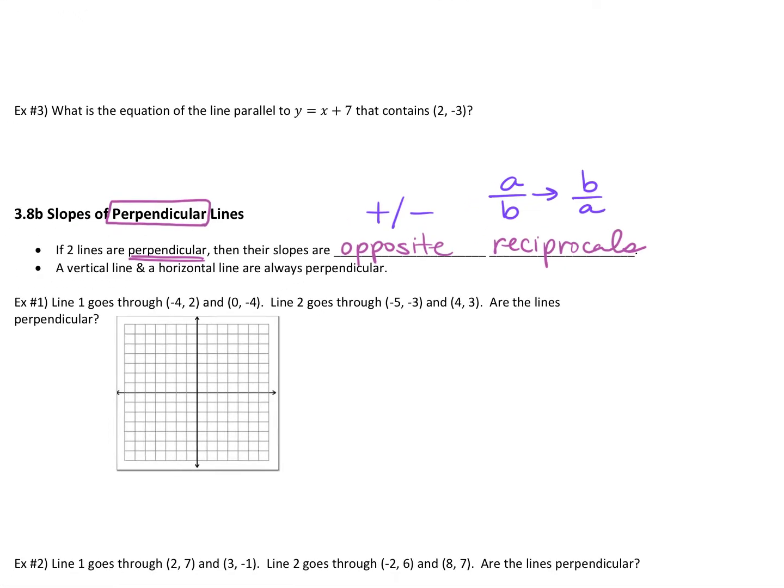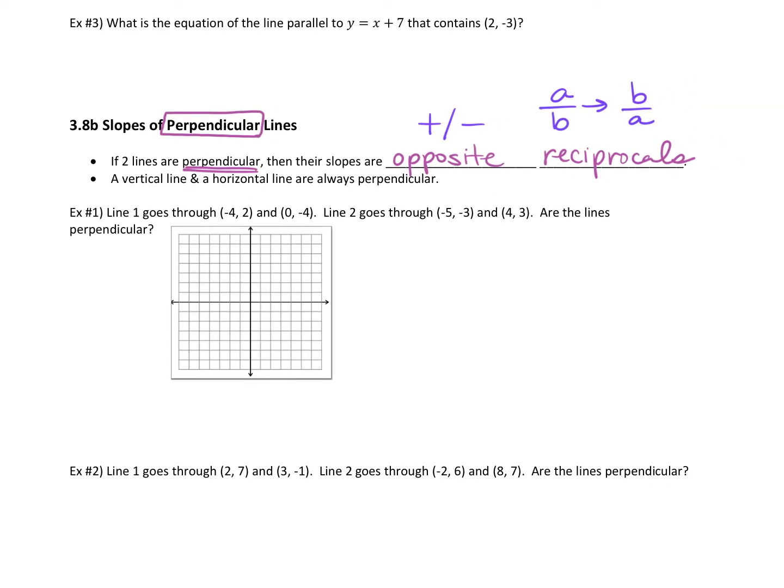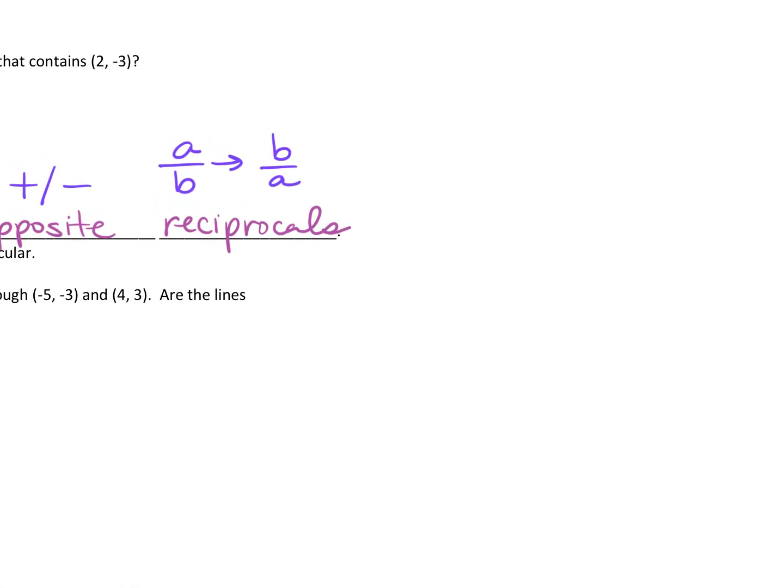Opposite, change the sign. Reciprocal, flip it over. Okay? So here's what you do. I want to give you a couple examples. Let's say my slope is 1/5. My perpendicular slope then, okay, this means perpendicular, by the way. That's the symbol. This upside down T is the symbol for perpendicular.